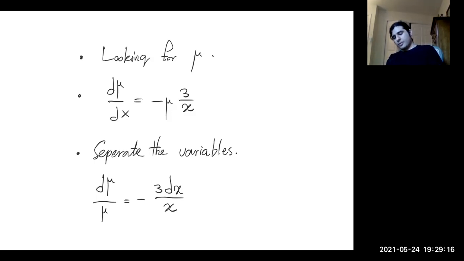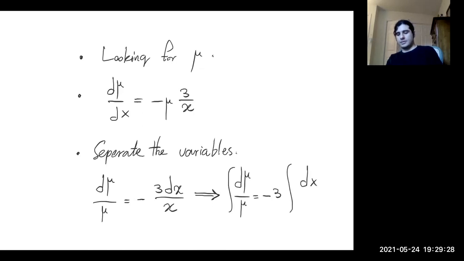Now, I can take the integral of both sides of this equation. So the integral of d mu over mu is equal to minus 3 times the integral of dx over x. But the integral of d mu over mu is ln of the absolute value of mu up to a constant. Same thing is true for the integral of dx over x. The answer is ln of the absolute value of x.